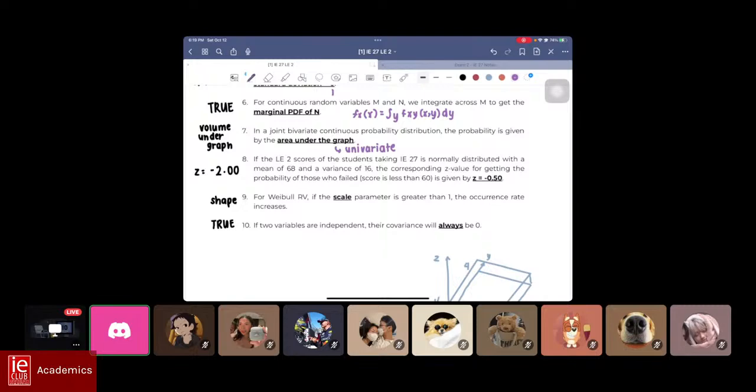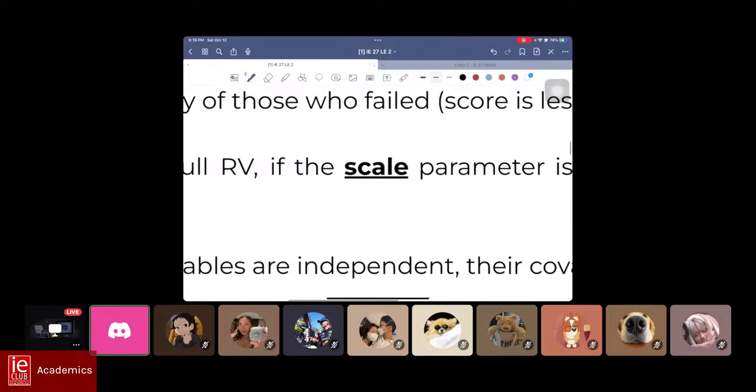And then for number 8, it says if the LE2 scores of the students taking IE27 is normally distributed with a mean of 68 and a variance of 16, the corresponding z value for getting the probability of those who failed is given by z equals negative 0.5. So for this, the formula that you should use is z equals x minus mu over sigma.